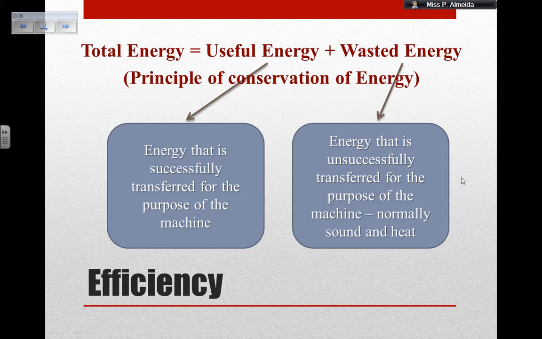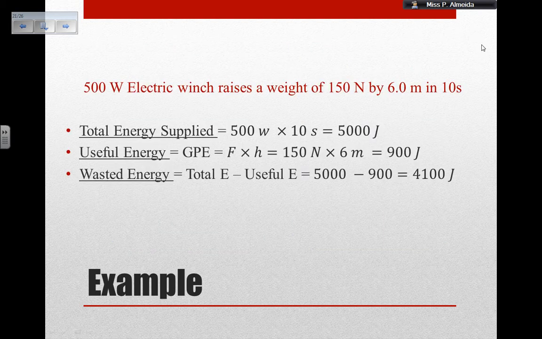Normally this wasted energy is something like sound and heat. So all my energy input is equal to my energy output because the principle of conservation of energy is obeyed. It's just that my total energy output, for example, part of it is useful and part of it is wasteful, okay? So let's see an example.